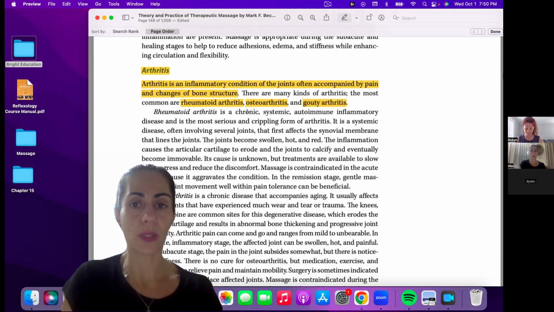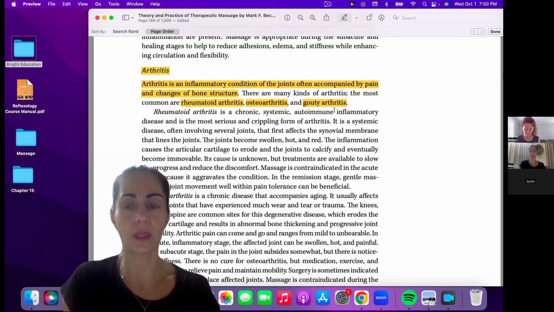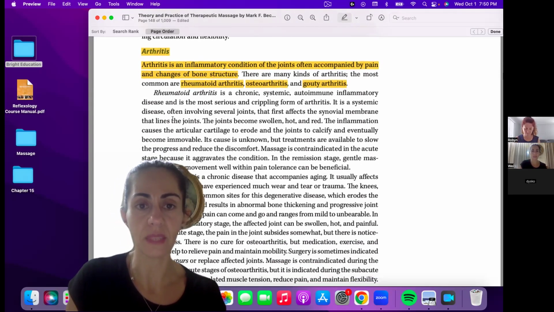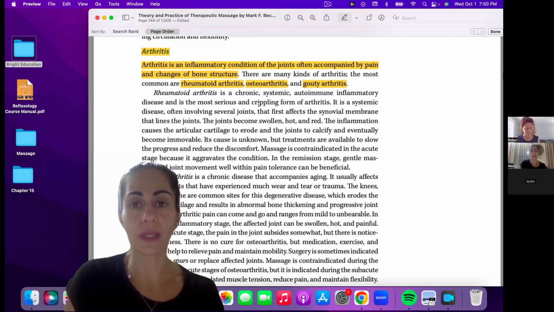So rheumatoid arthritis can be chronic, systemic, or autoimmune, meaning it affects the whole body or the immune system itself. The disease is the most serious and crippling of all. It is a systemic disease often involving several joints. Systemic means the whole body, whereas gout could be in the big toe. And it affects the synovial membrane that lines the joint.